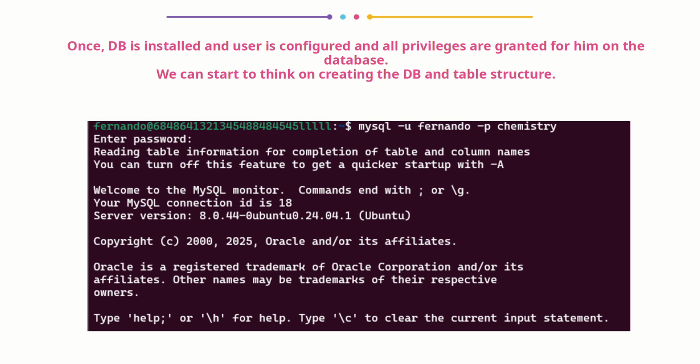There you connect to the database using the mysql command, minus user, Fernando is my name, minus password, and there you put the database. It's available in MySQL 8.0. You put the database there and go directly into that database.